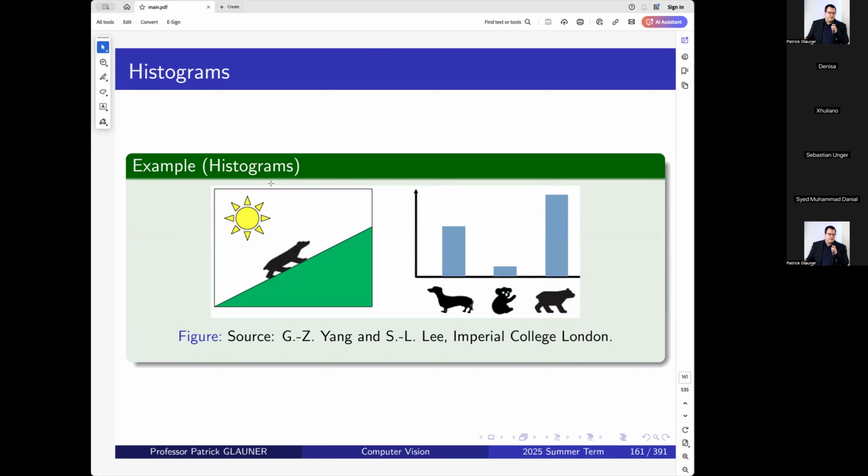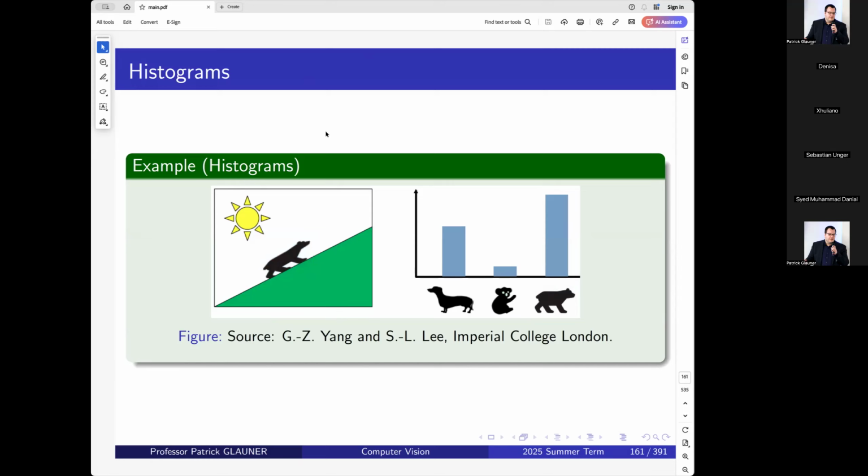So we would actually compute features from here, and the features that we have stored in the hash table for each of the possible objects we could find. We do a voting, and since we have the most votes for a bear, we say, well, we have most likely found with our histogram approach a bear in here.